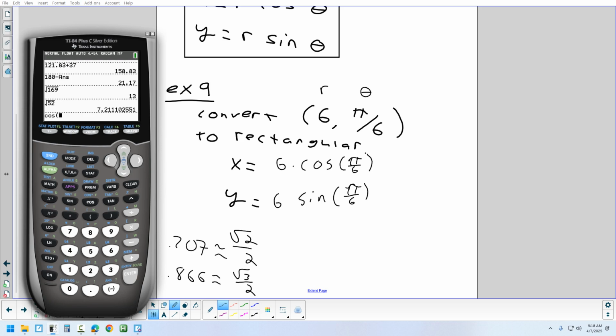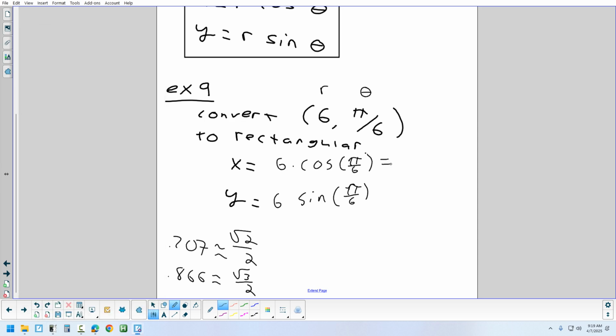Just see what that is. 0.866. What should we change that to? Root 3 over 2. Yeah, and if you want to double check it, you can try root 3 over 2. That's exactly what we just got. Okay, so that's one of the ones you need to know. So we still have the 6 in front. We didn't do anything with that. 6 times root 3 over 2.